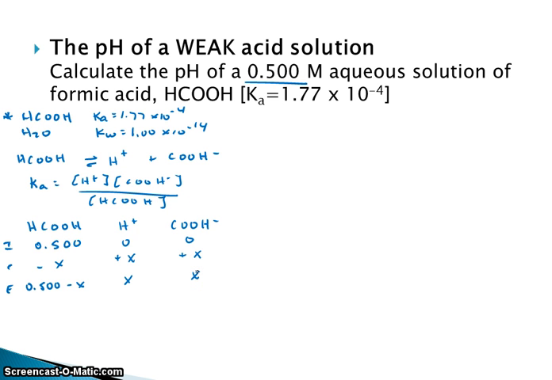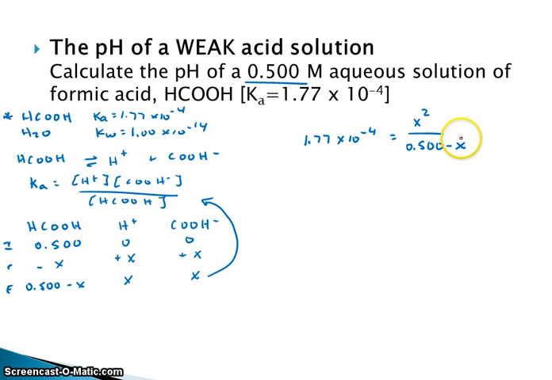We're going to take those values now and plug them into our equilibrium expression. So we're going to get 1.77 times 10 to the minus 4 equals X times X, which I'm going to write as X squared, over 0.500 minus X. Now we should recognize this as a quadratic equation, which is pretty complicated for us to calculate, and it's not really going to matter in most instances.